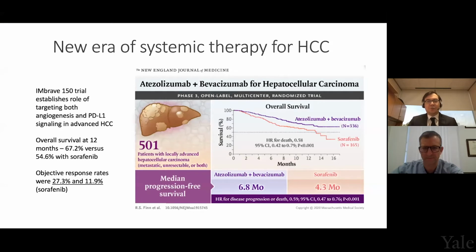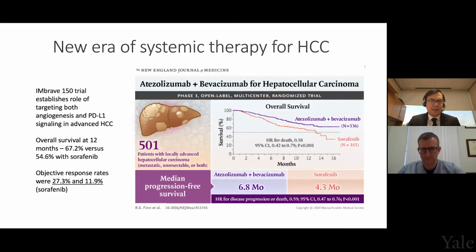In 2020, there was a seminal publication in the New England Journal of Medicine from the IMbrave 150 trial that truly established the role of immunotherapy as a frontline agent for patients with advanced hepatocellular carcinoma.